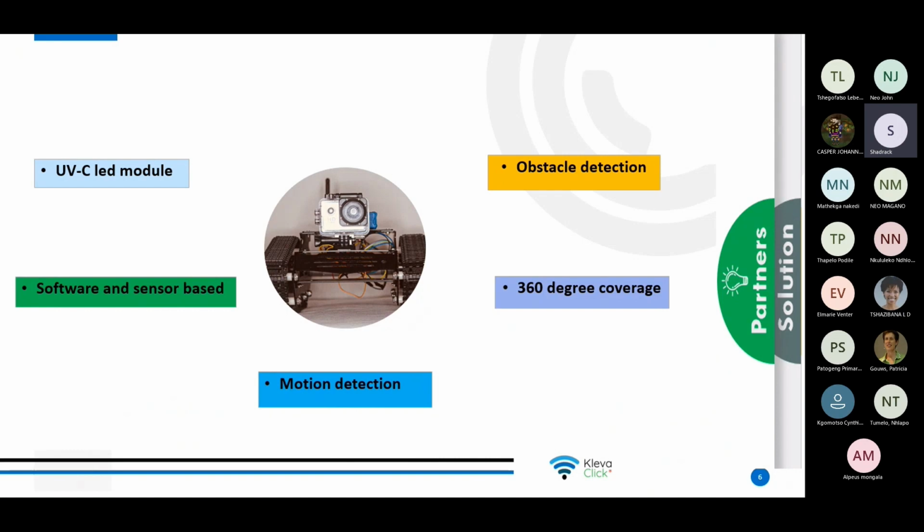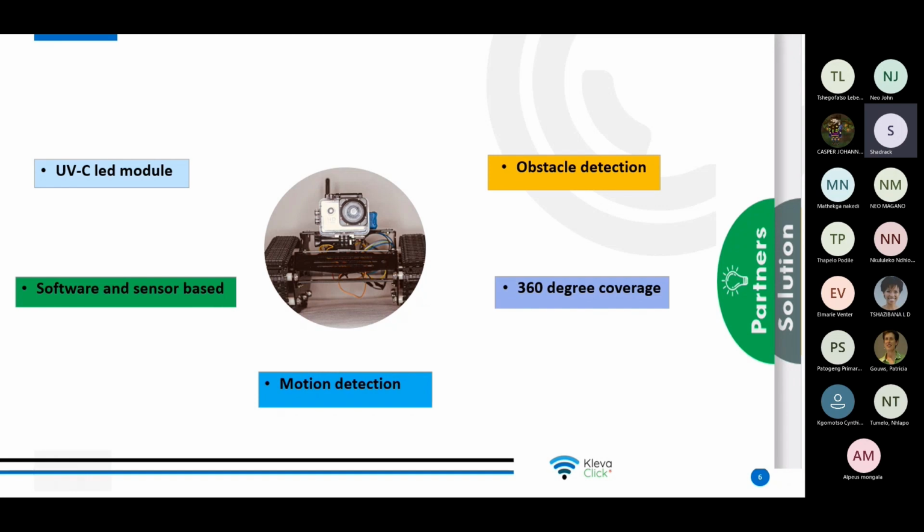For obstacle detection, the robot is able to automatically identify, through its sensors, any obstacle around while in operation, for example a wall, a table, or a chair, and avoid it. It has 360-degree coverage, which means it covers the entire surface around it, up to 3 meters.